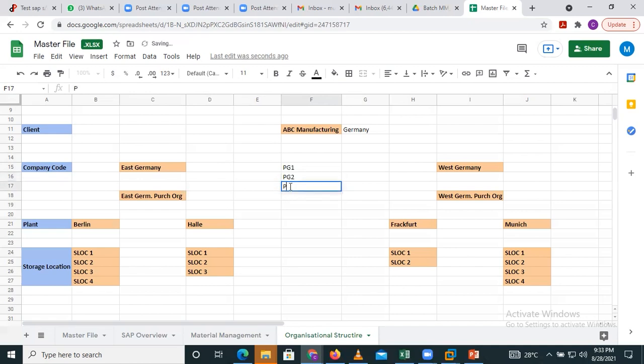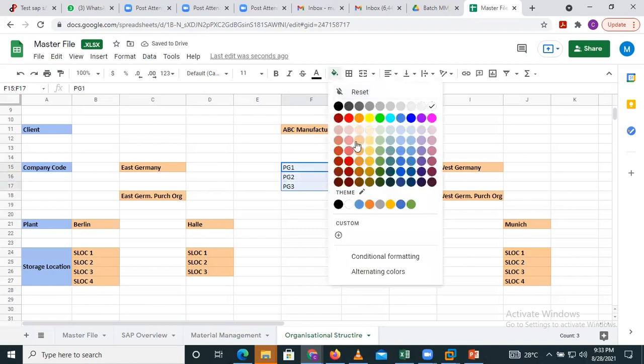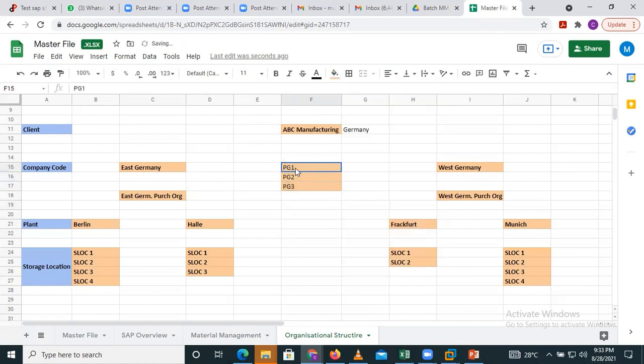So let's take an example. We have 3 purchasing groups. We are giving authority for these purchasing groups to purchase the material for East Germany as well as West Germany. This one is for chemical materials, this one is for the pharmaceutical material, this one is for the maintenance material.